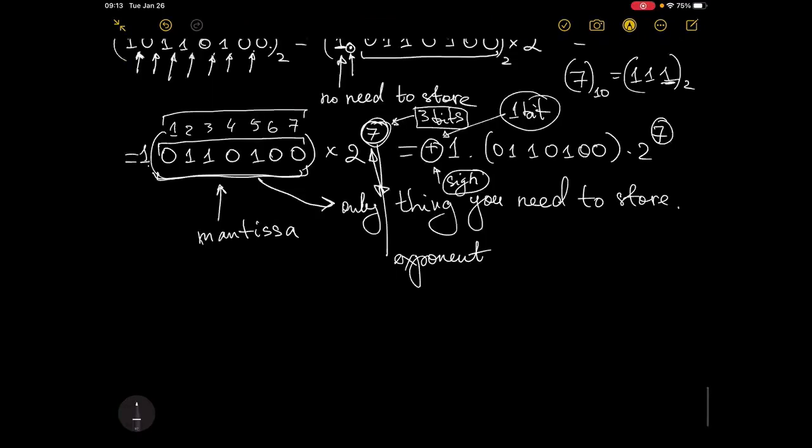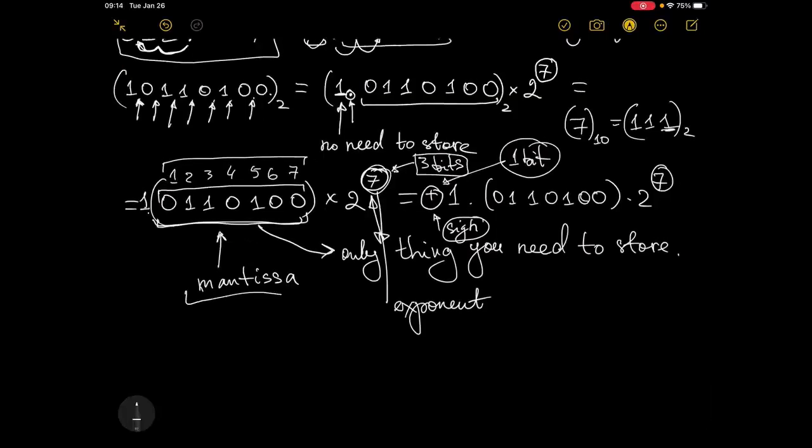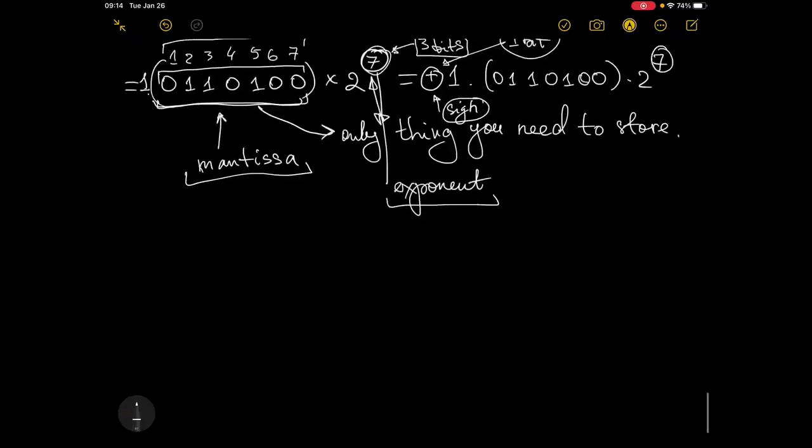Of course, you don't know in advance what number you would like to represent. So as a result, you just reserve some number of bits for every part of the number: for the mantissa, for the exponent, and for the sign.